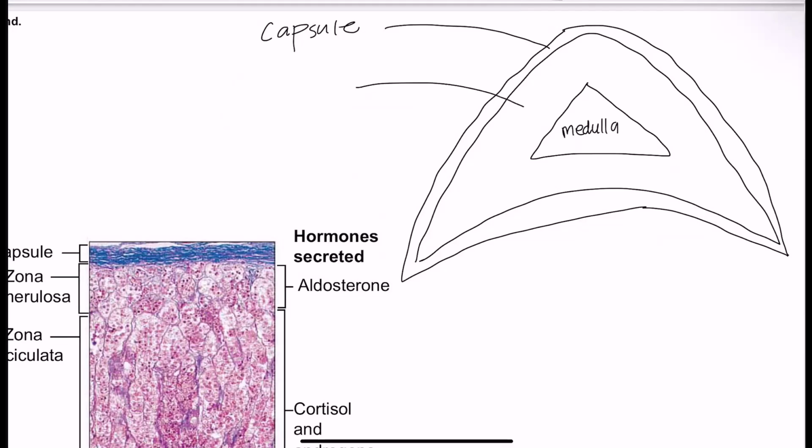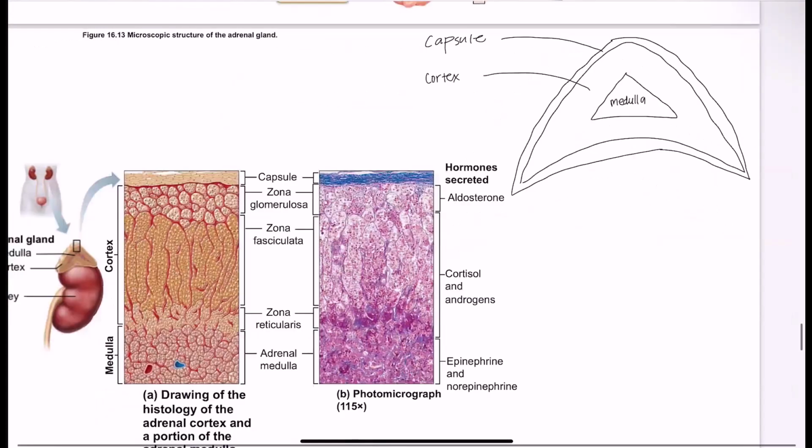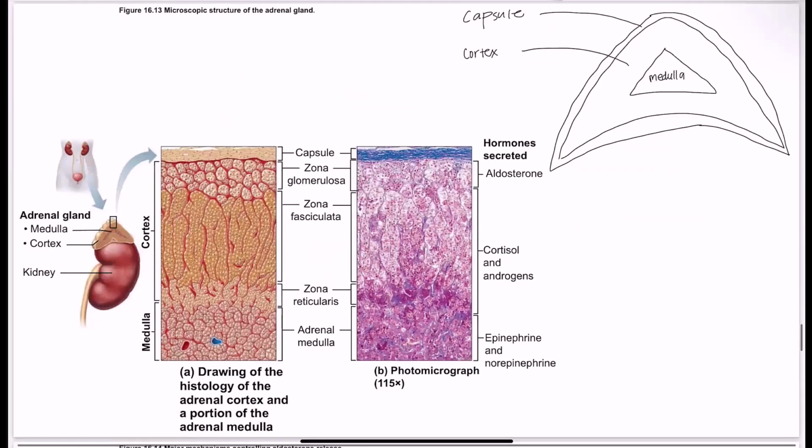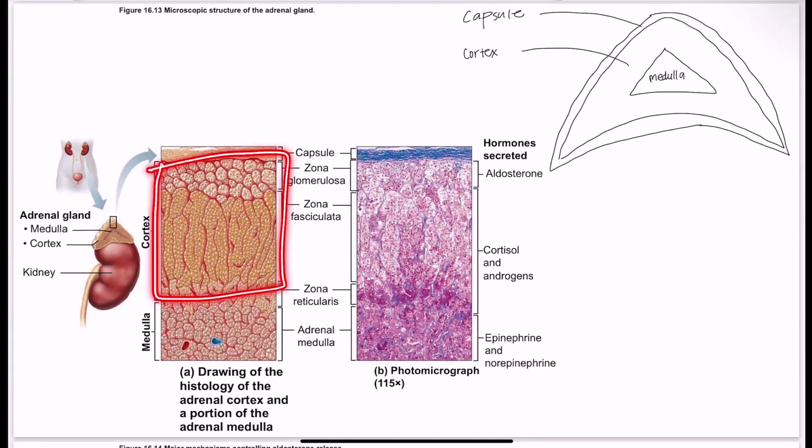And this guy here is the cortex. So we have that capsule layer, we have the cortex layer, which is a big guy, and then we have the medulla, the whole insides. The cortex consists of three major layers.